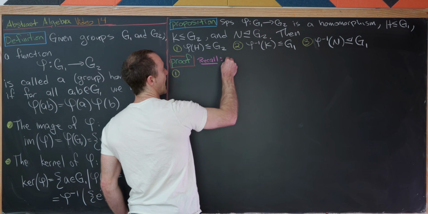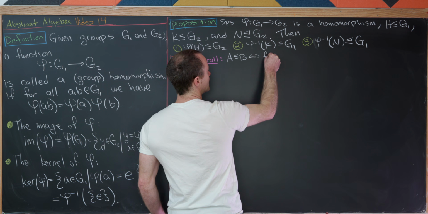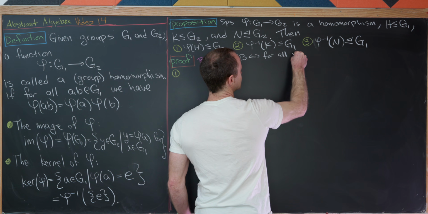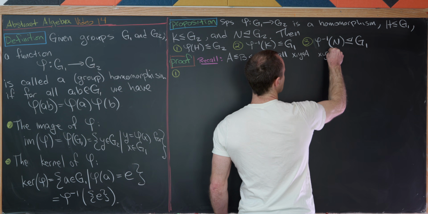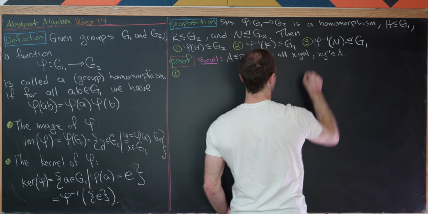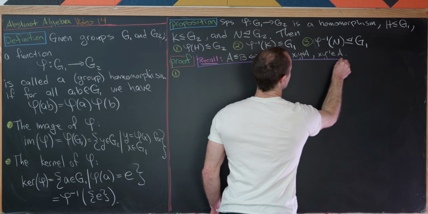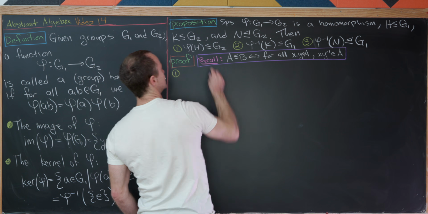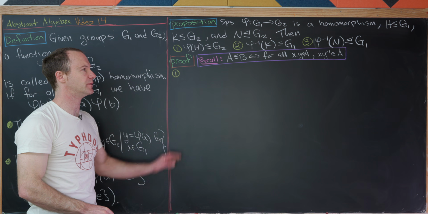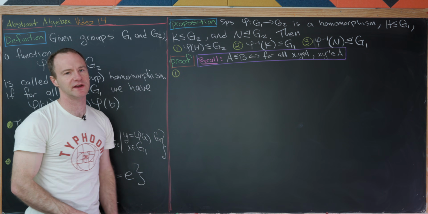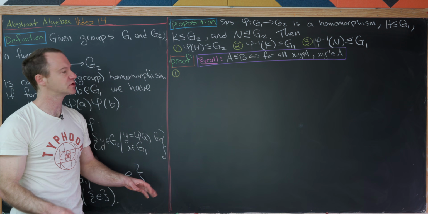Maybe I'll use A is a subgroup of B if and only if for all X and Y in A, we have X, Y inverse is also inside of A. And let's recall that this less than or equal to symbol, when it's put into this context of groups, means subgroup. So like I said, this is called the subgroup test, and that's what we'll be using throughout for number 1 and number 2. Obviously for number 3, we need to use the definition of a normal subgroup, which we'll get to.